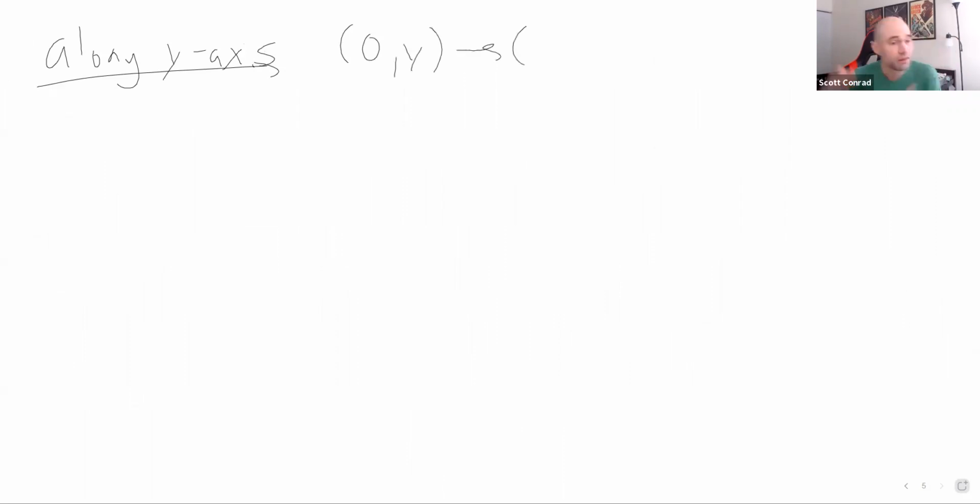So now let's check along the y-axis. So points along the y-axis, x is always equal to 0. So if we want to take points (0, y) to (0, 0), we just take y to 0.